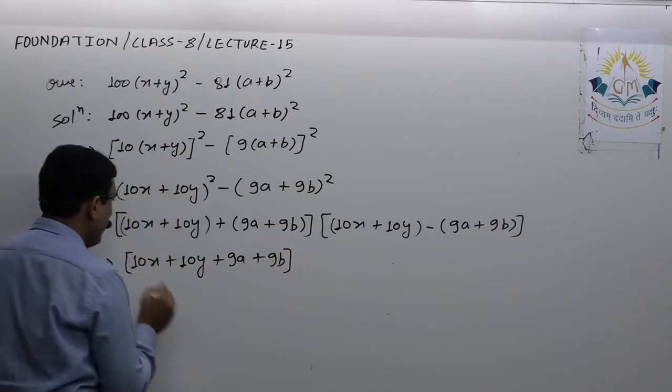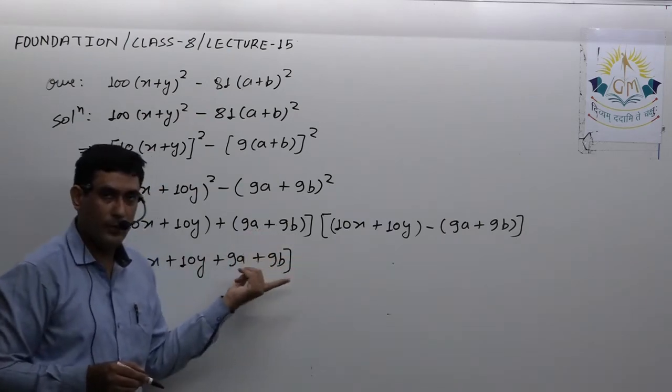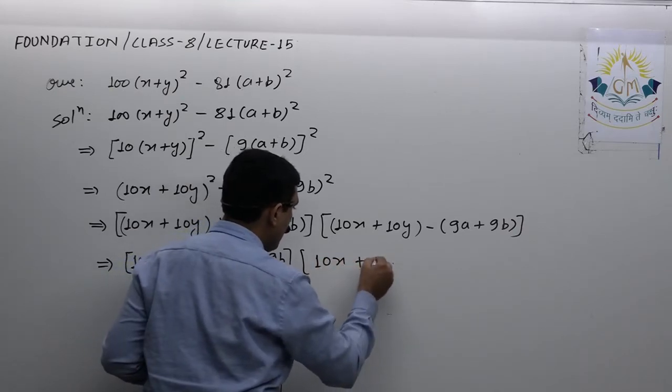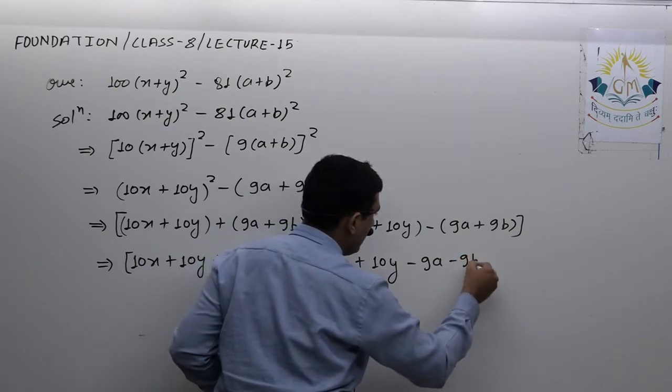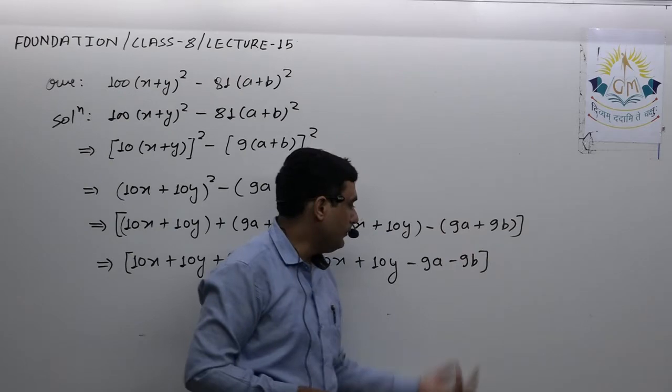As there is a plus sign outside the bracket, these two quantities remain with the same sign. In the second bracket, a minus b, that is 10x plus 10y minus 9a minus 9b. As the minus sign is there, both positive terms become negative.